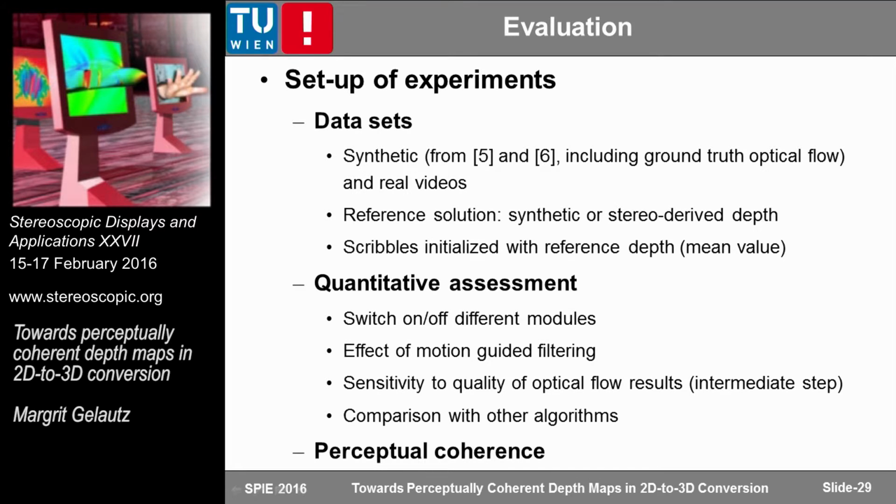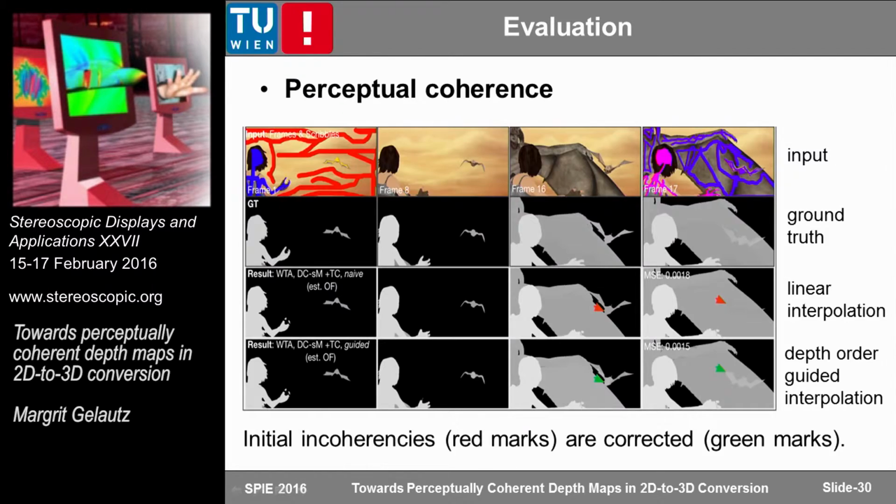So the scribbles were then initialized with the values from the depth reference, so that's a little bit different for the evaluations. And then we carried out a quantitative assessment. We tested the effects of different modules of our algorithm, the effect of the motion-guided filtering, and also the sensitivity to optical flow results. So let me now show some of the results.